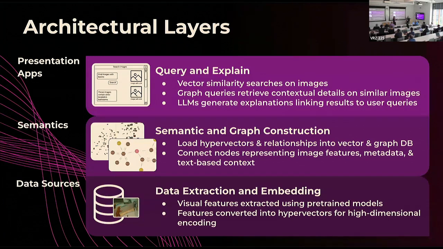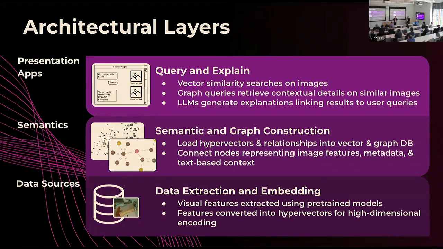And that's where you saw on the previous slide where David was showing using Kuzu for the graph, and then using LanceDB for the vectors as well. And then the nodes are connected to represent the image features and metadata like color and position and possibly things like texture.